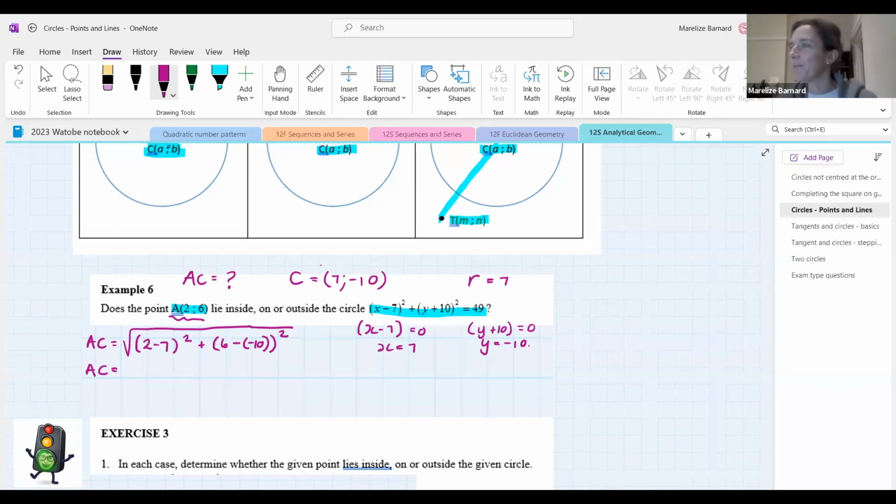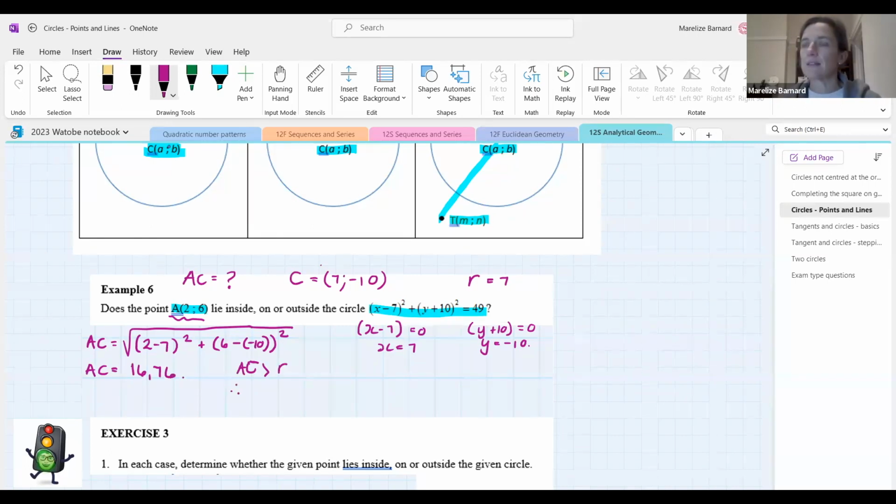Okay, so the rest of us, I'm going to explain just now what Kagiso said because it's actually very clever. So what do we get? We get 16,76. I'm going to trust you that that's correct. Now AC in this case is greater than the radius.